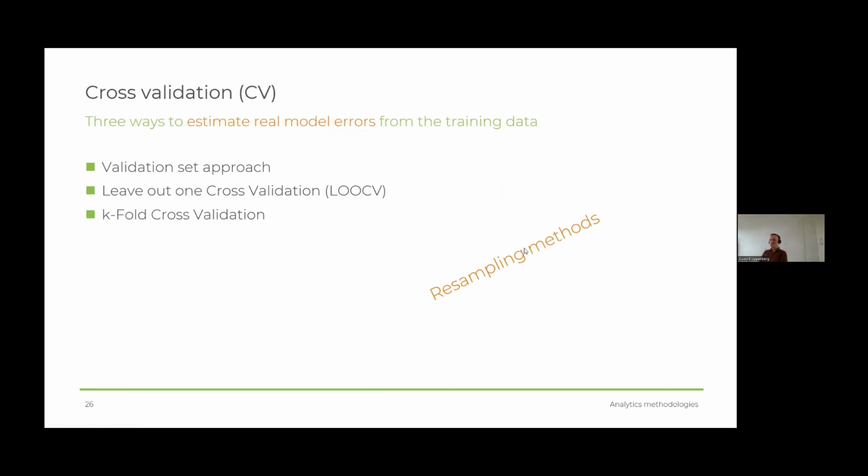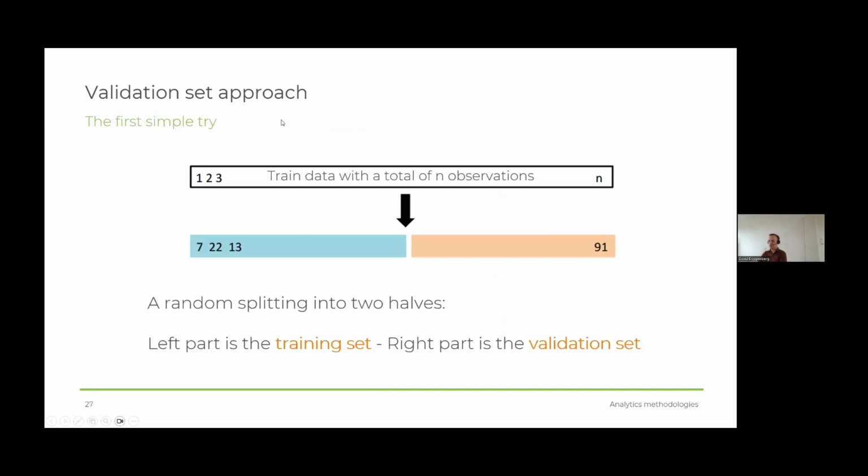There are basically three different ways to test your model, and one we have already discussed, which is the validation set approach. You just do one random split, maybe into halves or maybe something else. One half is labeled as training and one is labeled as validation. And then you start to do testing and training.